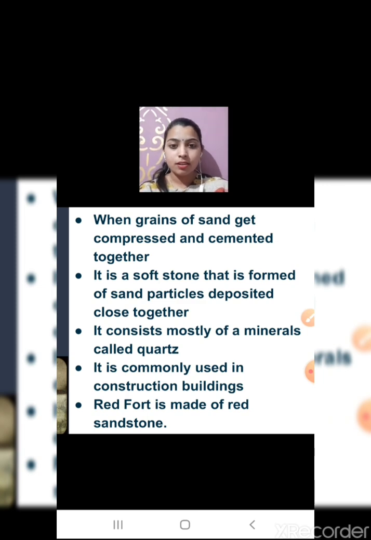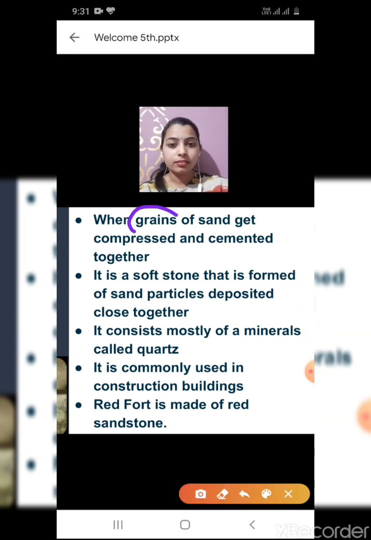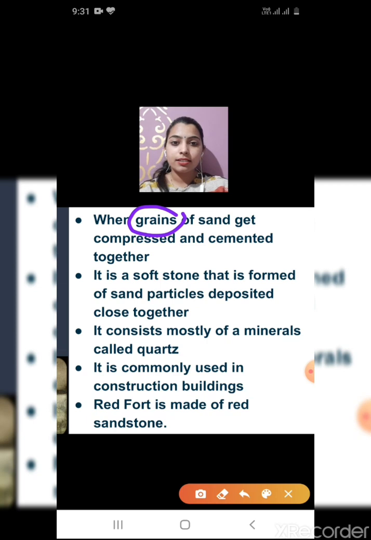when grains, what is grain? What is grains? We have studied that when we studied what is rock. Rock is made up of small grains which are called minerals. So here also grains means small minerals.